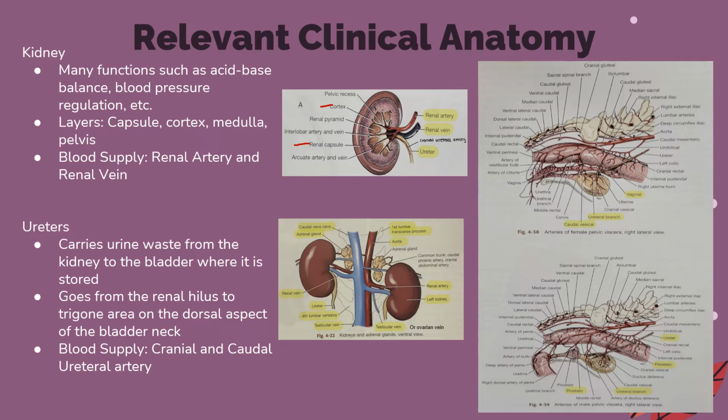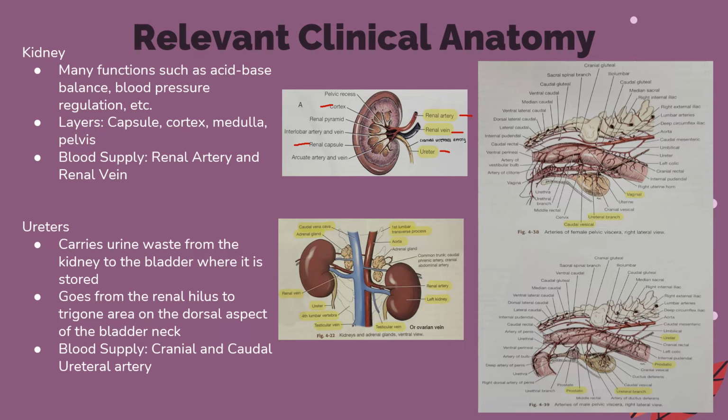Deep to that is the renal medulla, which contains arteries and veins, eventually draining into the renal pelvis, where the renal artery, the renal vein, and the ureter insert. Altogether, that is the renal hilus. It should be noted that innervation also occurs through the renal hilus. However, it's not shown in this image.